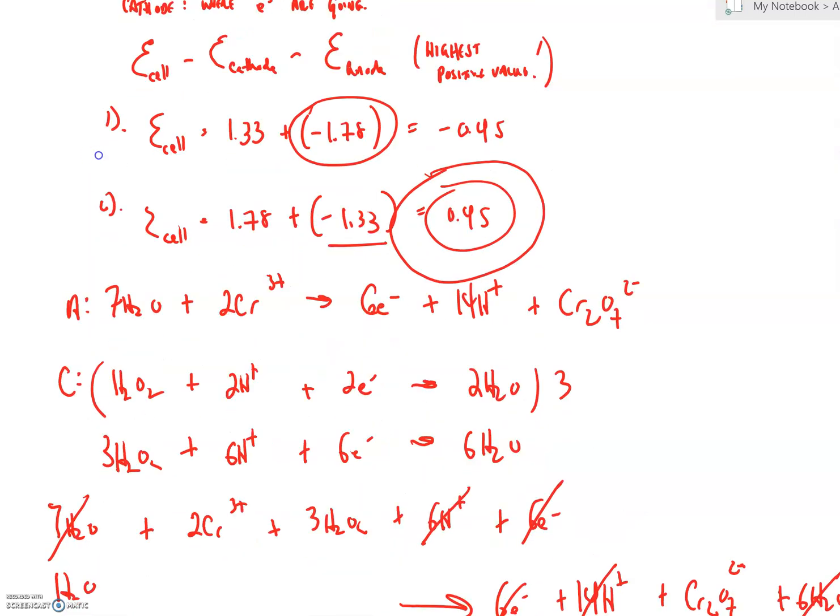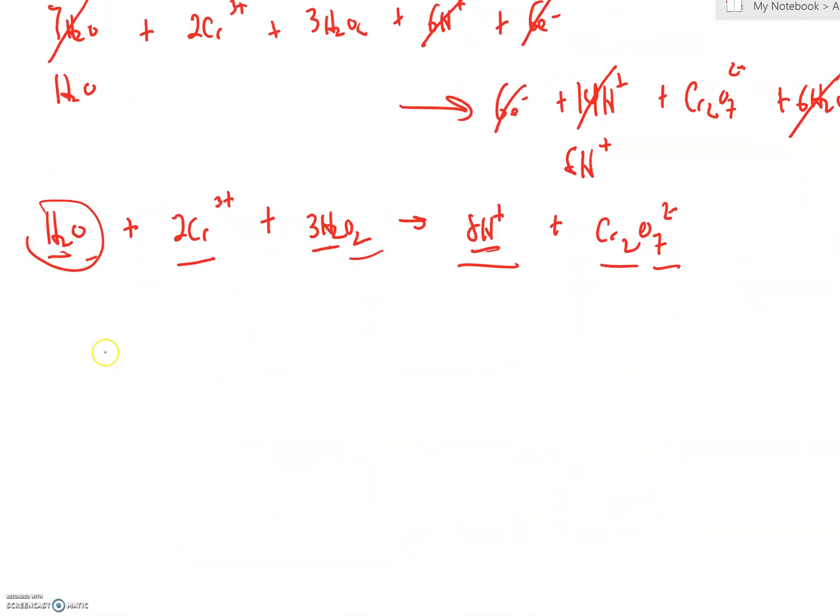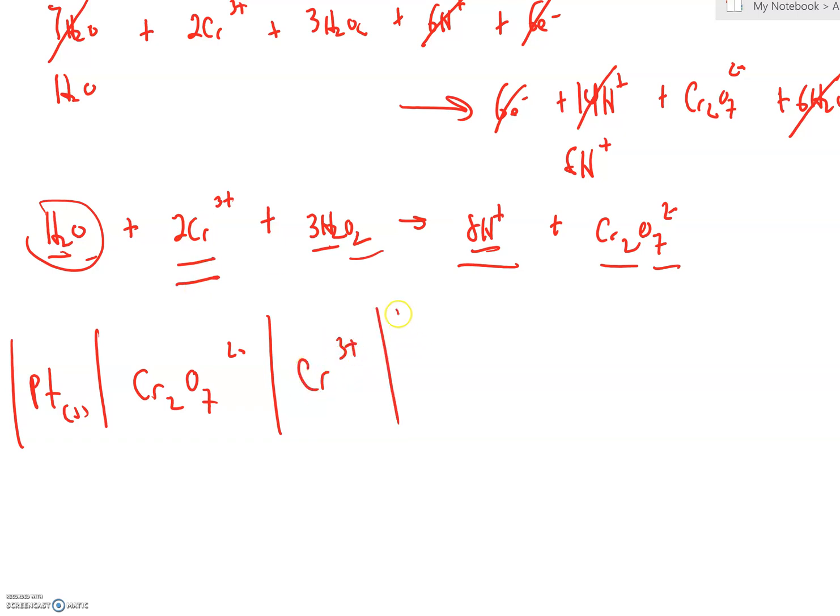our Cr2O7, right? We did that, so that's going to go on the left. So in our cell diagram, Cr2O7 2 minus will go here. Since there's no solid metal to make an electrode, we'll just use platinum, and we'll include the Cr3 plus in our other solution.